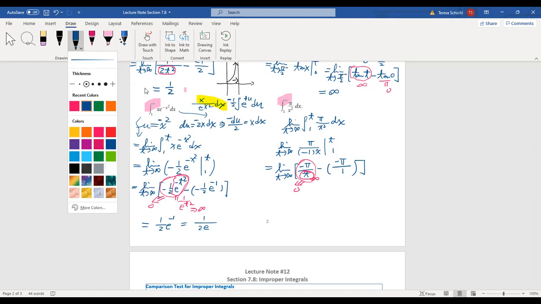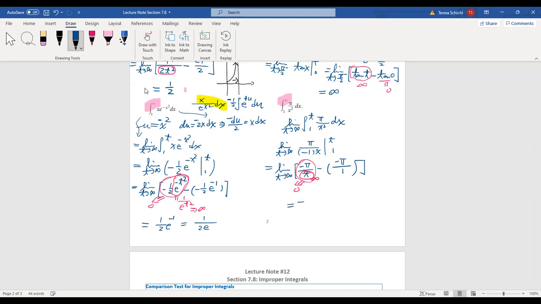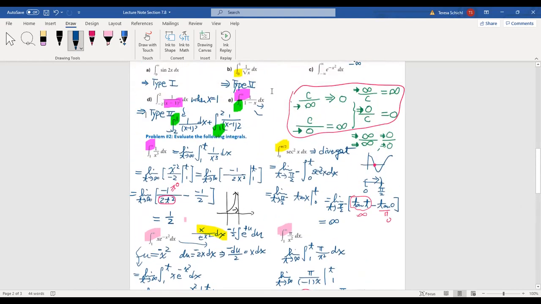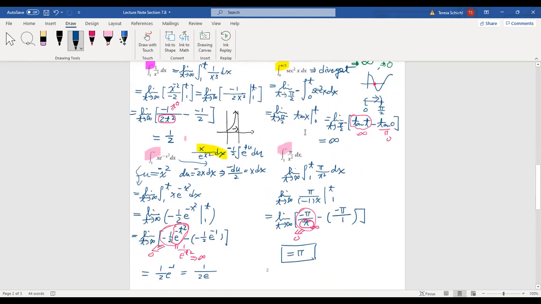And then what you have here is a positive pi, right? So that is why, be careful: when the denominator approaches infinity, the fraction approaches 0.